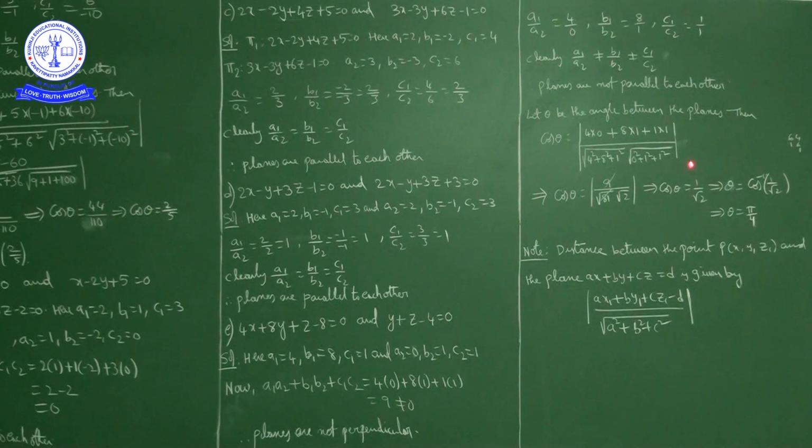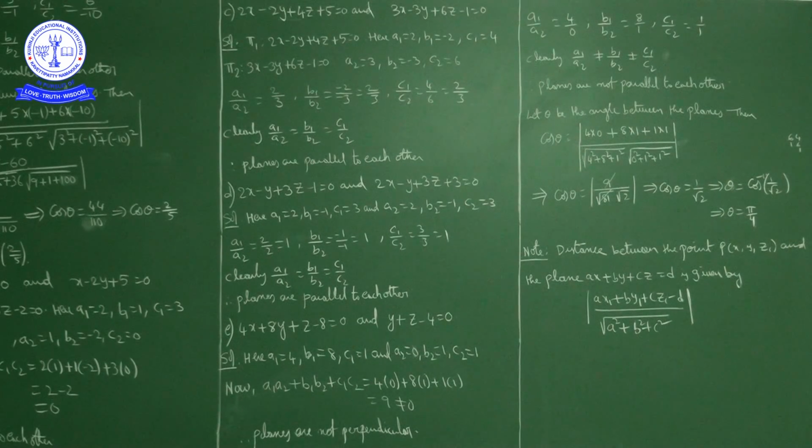So cos theta is 1 by root 2, which means theta is cos inverse of 1 by root 2, which is pi by 4. So the angle between these two planes is pi by 4.